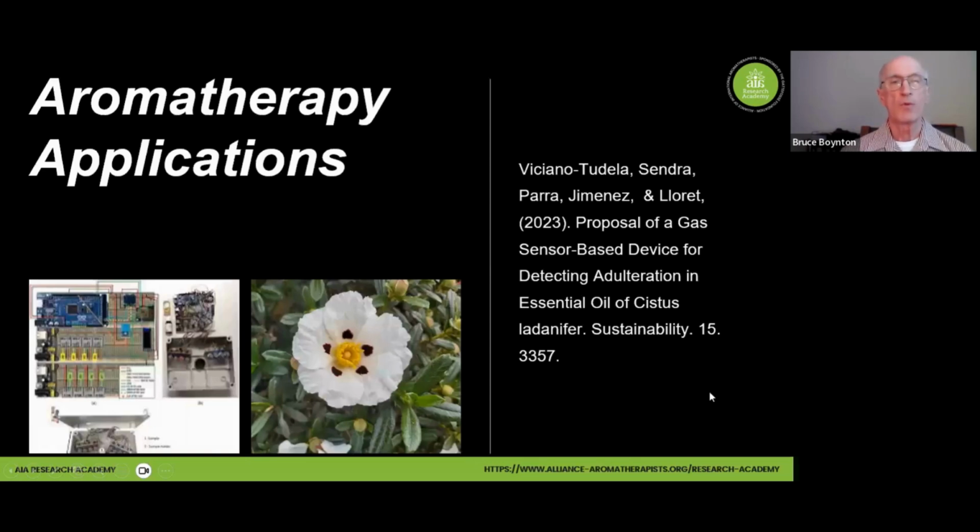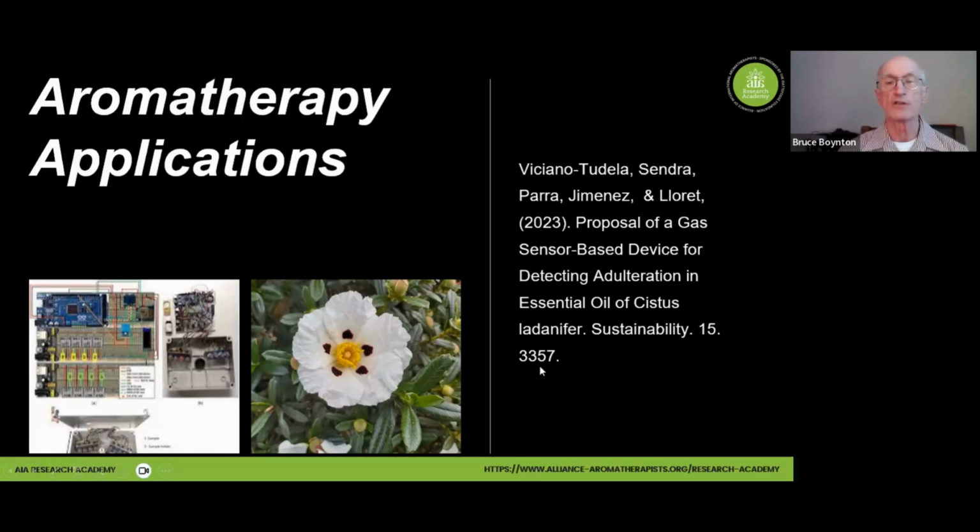Okay, at this point, you may think that all the confusion of the confusion matrix is in your head, and what does this have to do with aromatherapy anyhow? I'm going to show you a couple of articles in which they use the confusion matrix. These folks made a complicated looking device to detect adulteration in Cistus ladanifer essential oil.